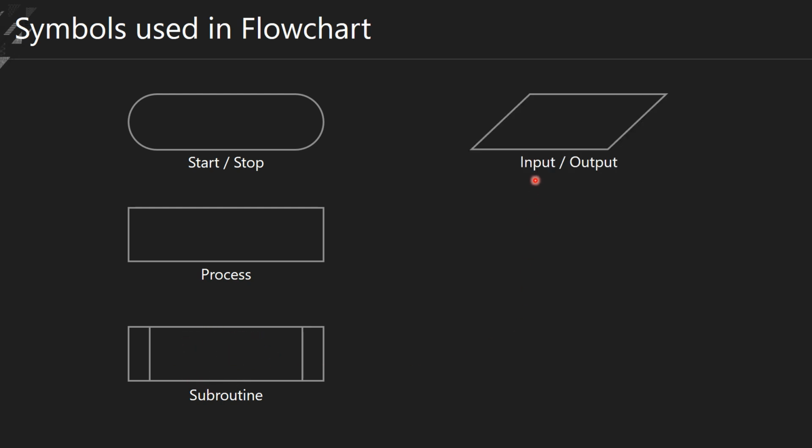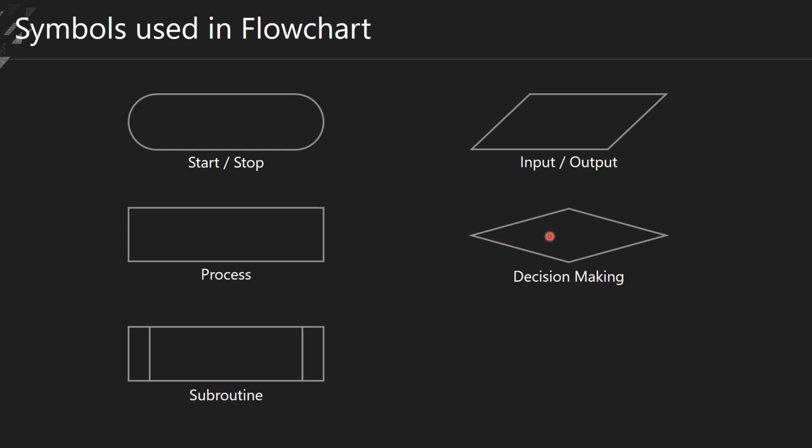Another symbol is here. If I want to show the input or output in a flowchart, you have to go with this kind of symbol, right? Another kind of symbol is for showing any decision making, looping or branching; you have to use this kind of symbol.